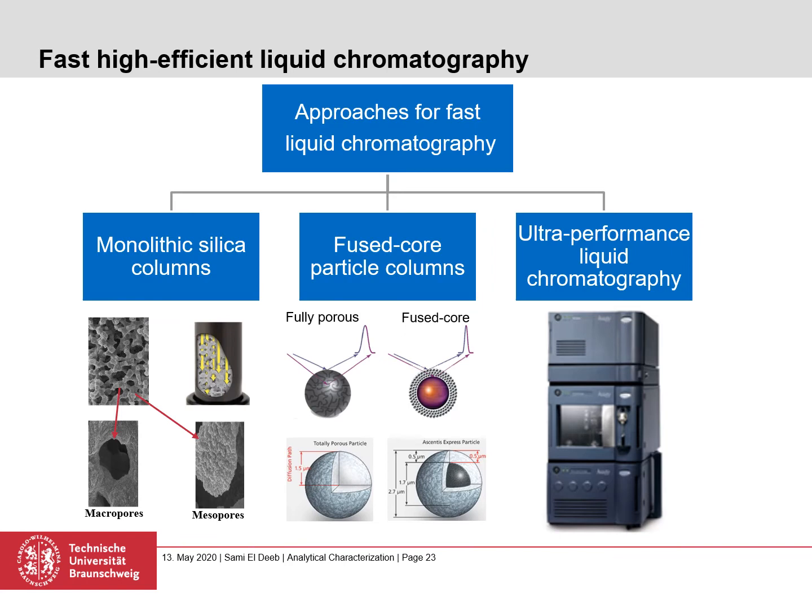Currently, there are three competing approaches for fast HPLC. These approaches are the use of monolithic silica columns, the use of fused core particles, and the use of ultra-performance liquid chromatography.